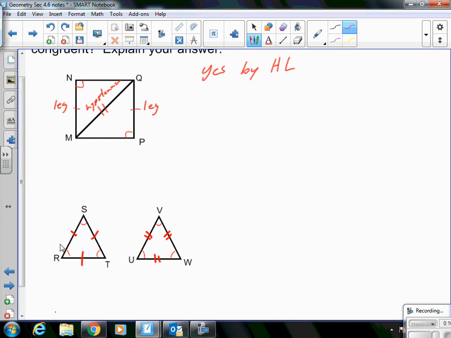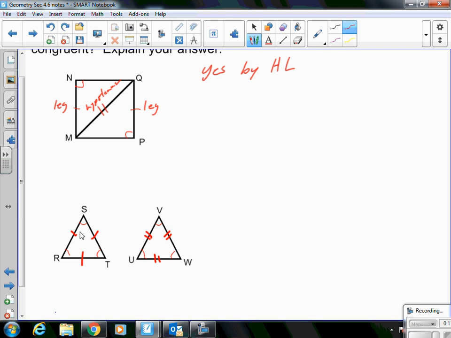And these two triangles down here, RST and UVW. All the angles of this one are marked congruent to all the angles of this one. And if I look, one tick mark on all three sides of this triangle, two tick marks on all three sides of this triangle.